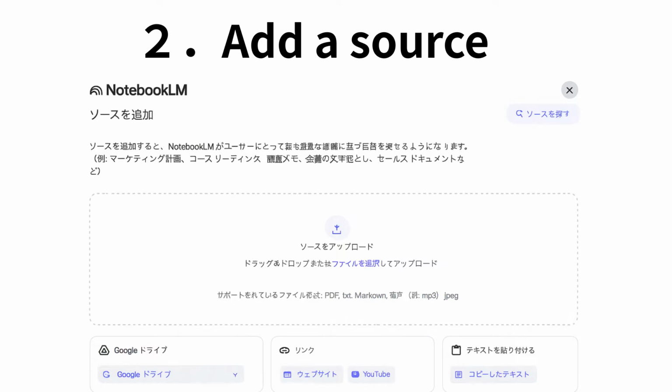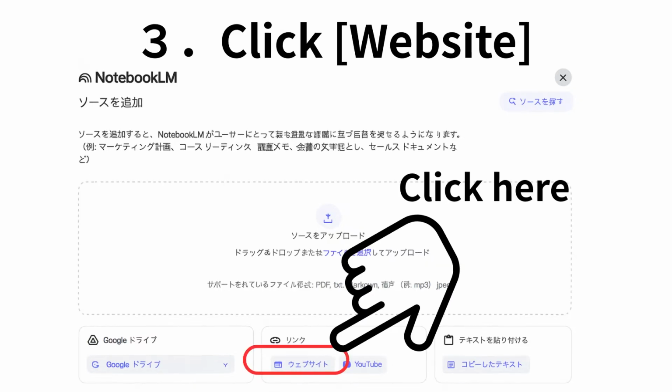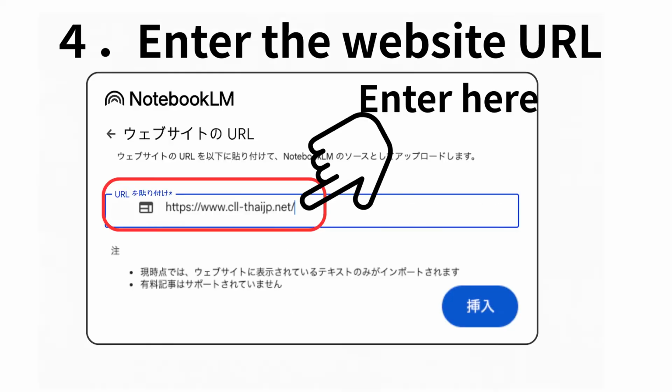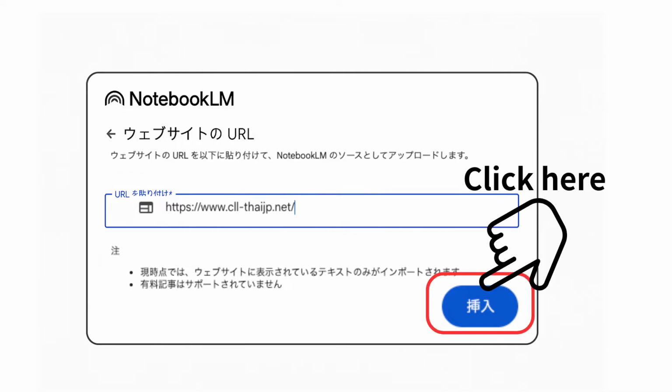Next, add a source. From the available sources, click on Website. Enter the website URL. Once you've pasted the correct URL, click the Insert button.